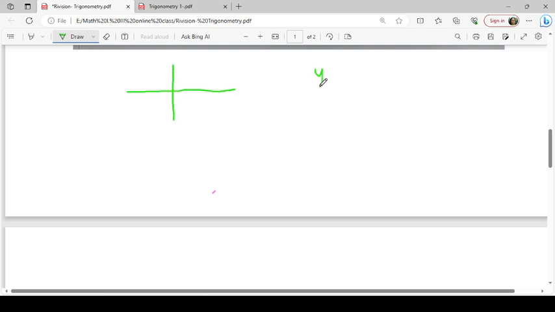So if we say y is equal to sine x, then y is the vertical line, x is here. So x first is 0, then at pi by 2 it is 1, at pi it is 0, again pi plus pi by 2, then twice pi, then twice pi plus pi by 2.